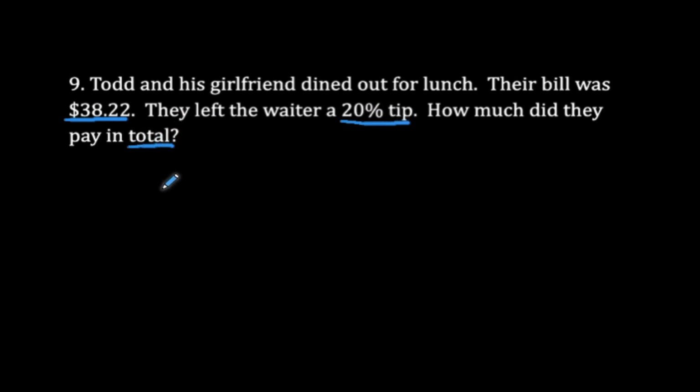All right, so we can set this up as our standard proportion here. So we can say x over x amount of dollars is equal to percent over 100. And we're going to fill in what we do know.